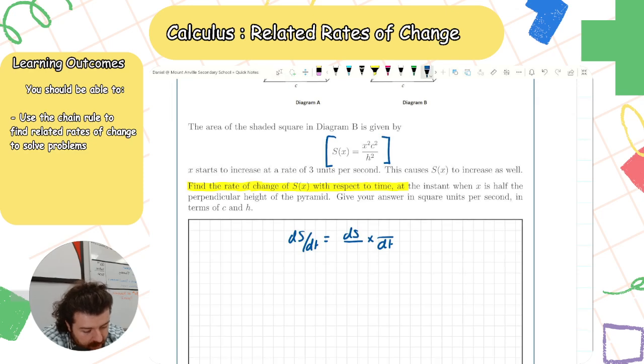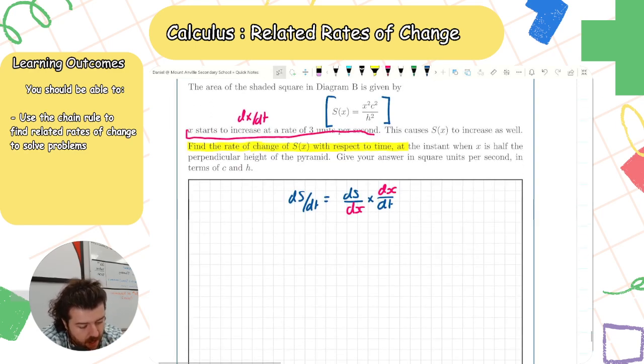Well, I know that x increases at a rate of 3 units per second. So that is dx/dt. So my missing link here is dx. So I need to find ds/dx.